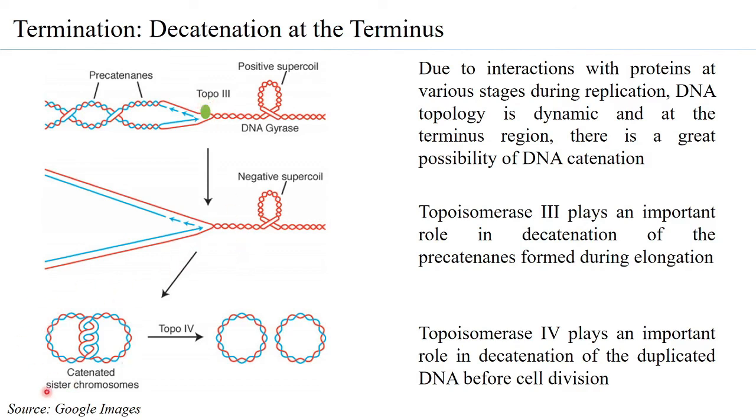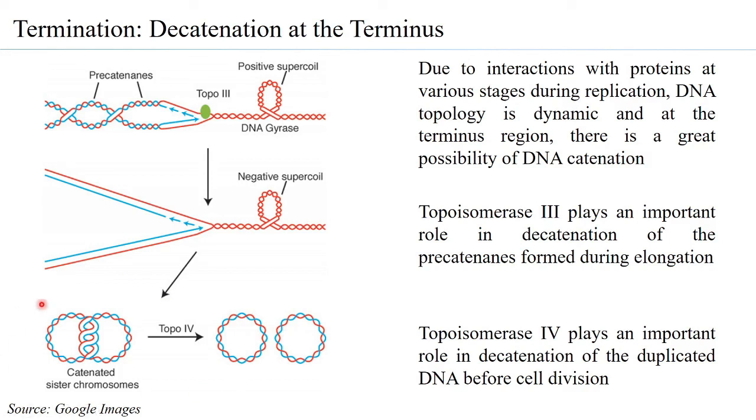However, at the termination region, when you have the two DNA catenated, what is observed to be acting is the DNA topoisomerase 4. So DNA topoisomerase 4 is able to cleave two strands. So it is a class 2 type of DNA topoisomerase, and therefore it is able to cleave the DNA at these sites, allows one DNA to swivel through, and therefore eventually you will get two separate DNA molecules.